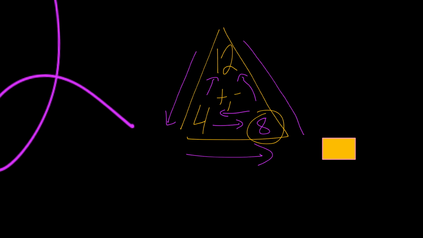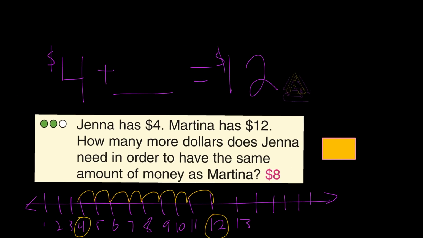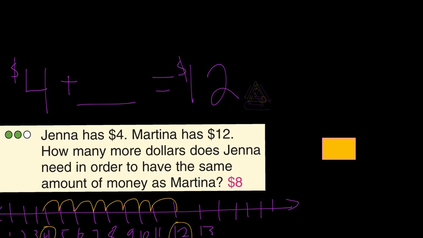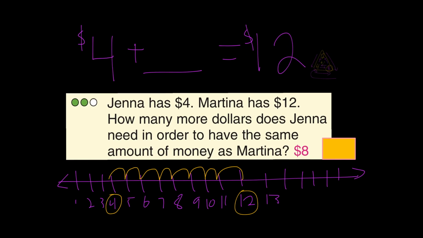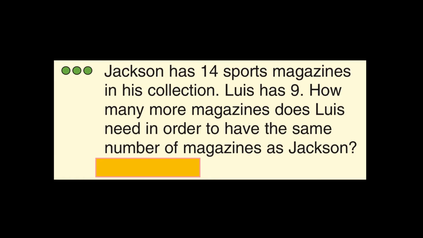And 12 minus 8, a lot of arrows, would equal 4. But you guys already know how fact triangles work. So my answer was $8.